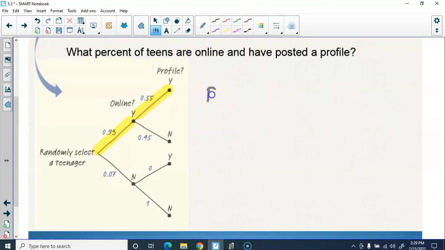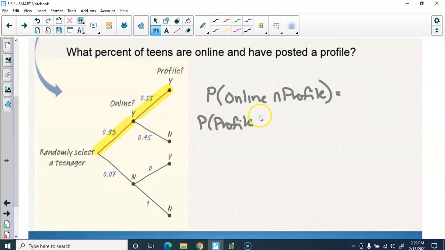And the probability of online and profile. In this case, we care about the probability of a profile, and it has to be given we're online, because obviously those that are not online don't have a profile, so the online has to be the given.